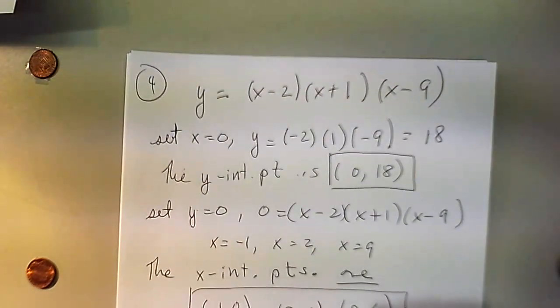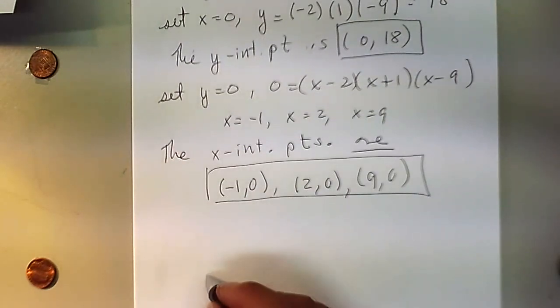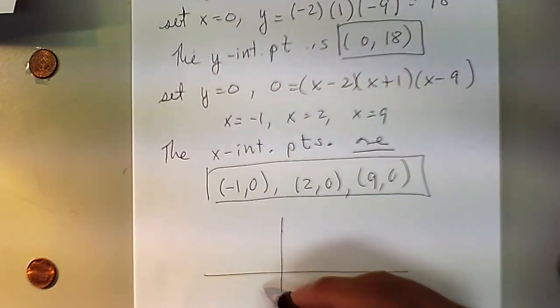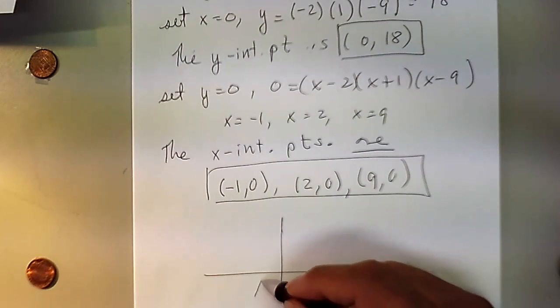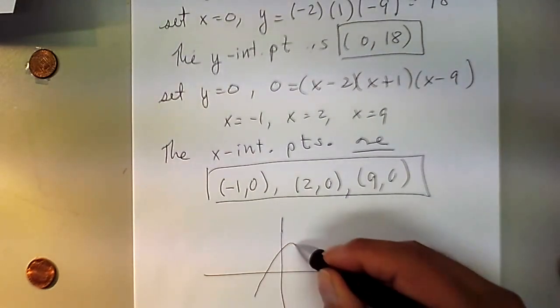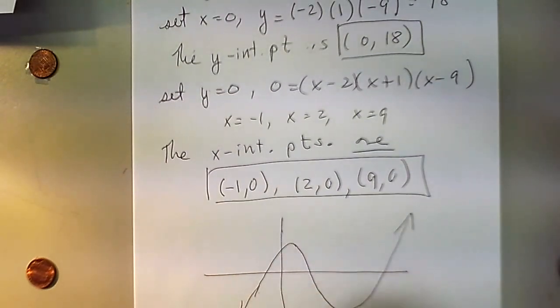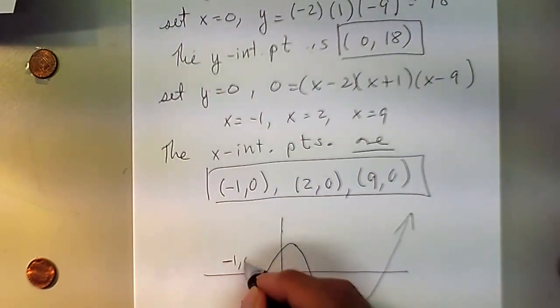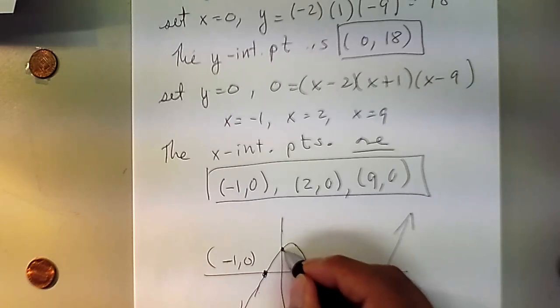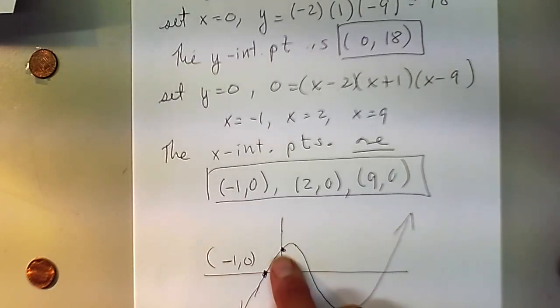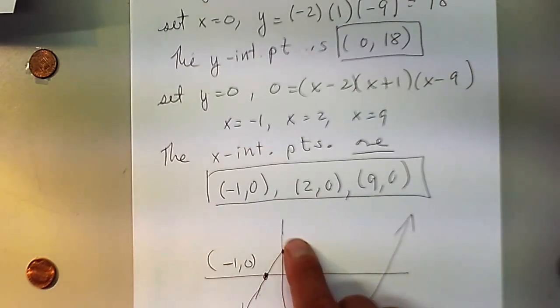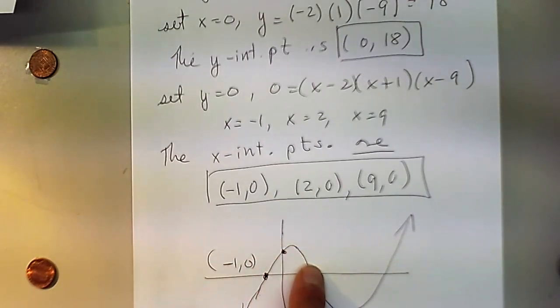So what does that mean? The graph looks like this: -1, and then 2, and then 9. It sort of looks like this. So here we have (-1, 0). Now, we don't have enough information yet to figure out whether we hit the y-axis on the way up, or on the way down, or right on top.